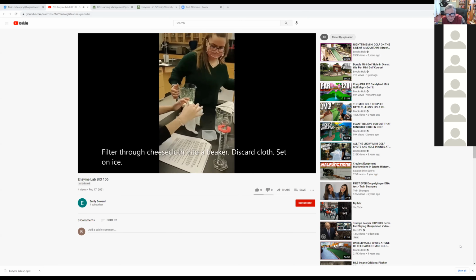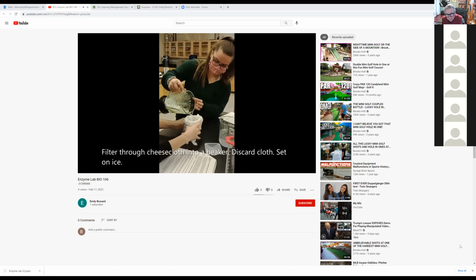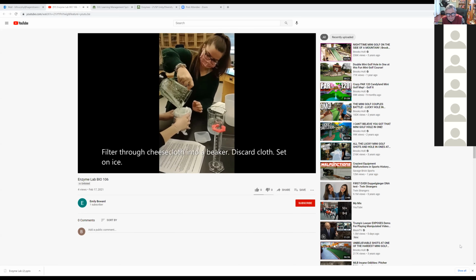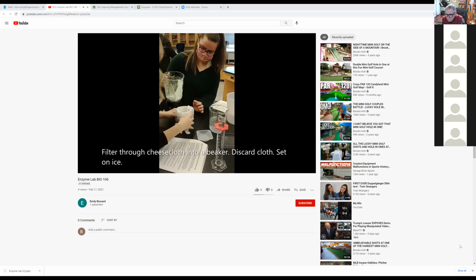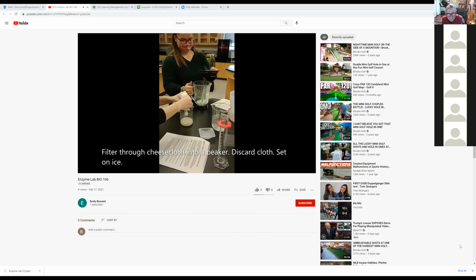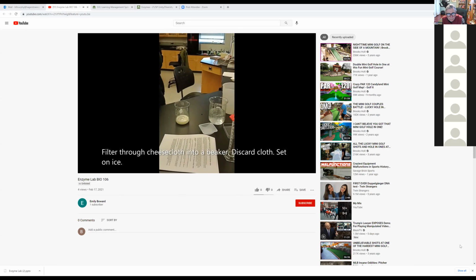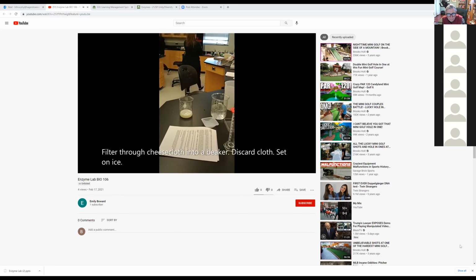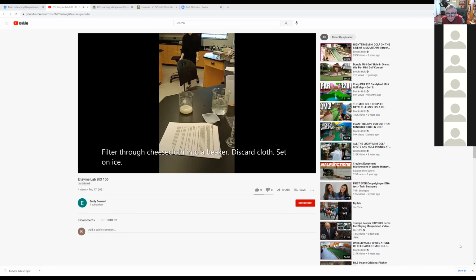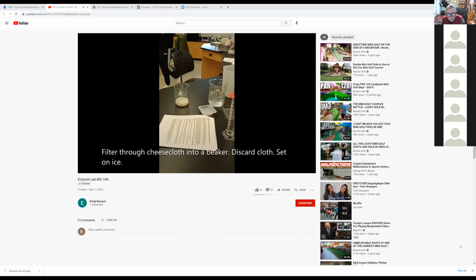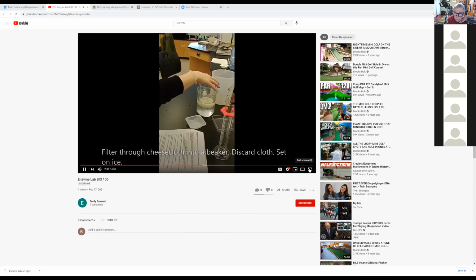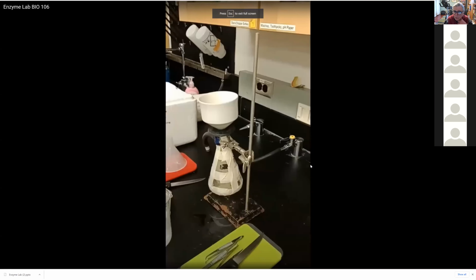Two filtering steps, one through cheesecloth, and the next one is called the Buchner funnel. I can full screen this.